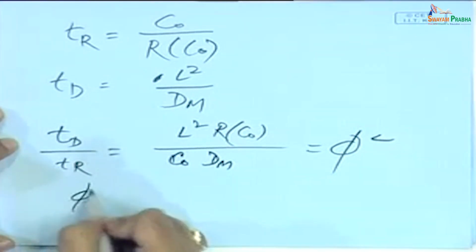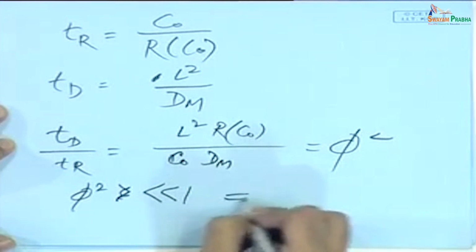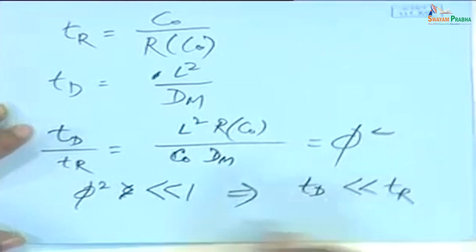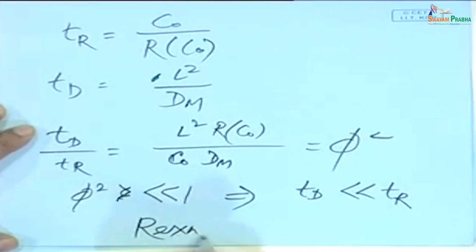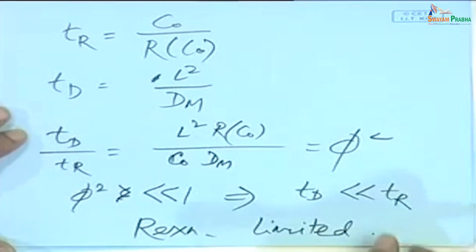So, for phi square much less than 1, it implies that Td much smaller than Tr, and the system is reaction limited, right.